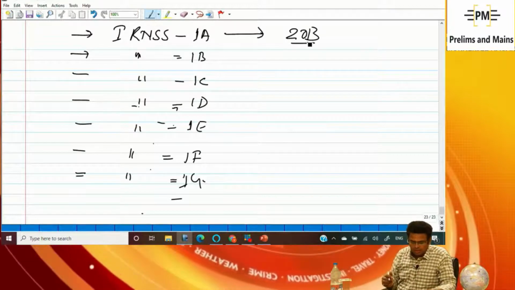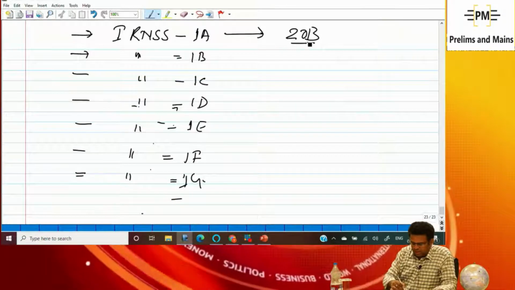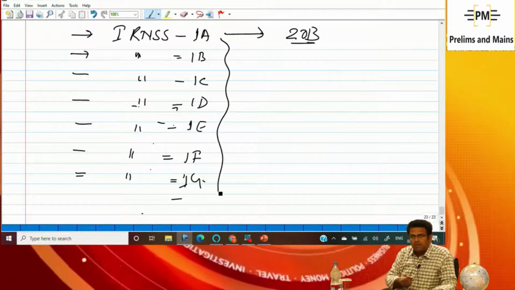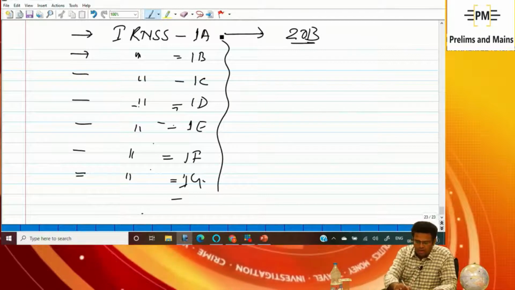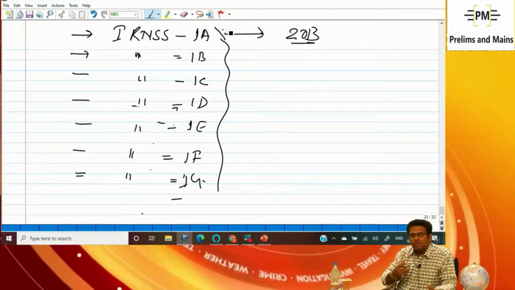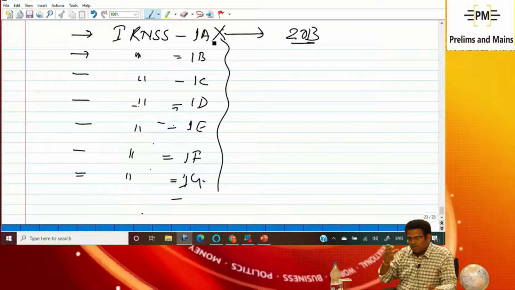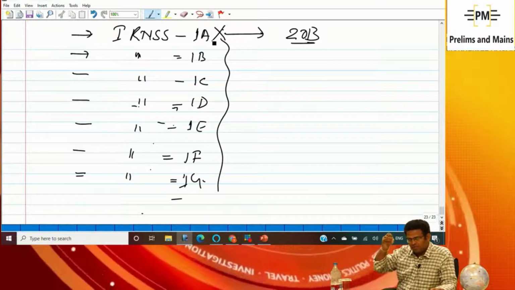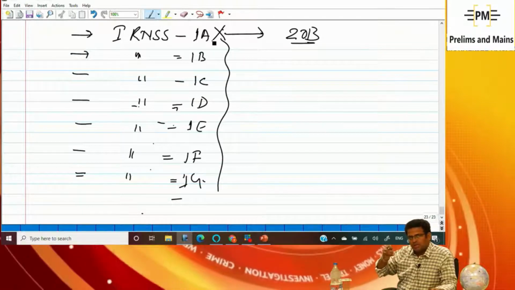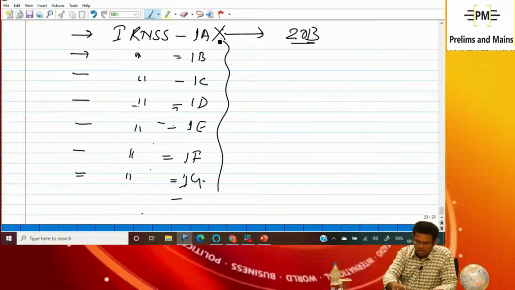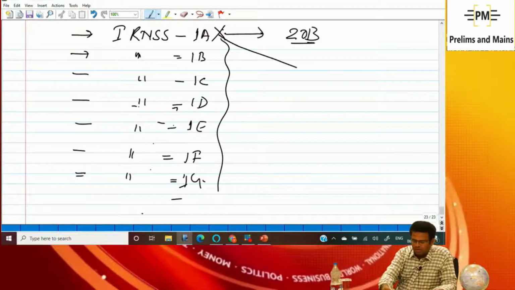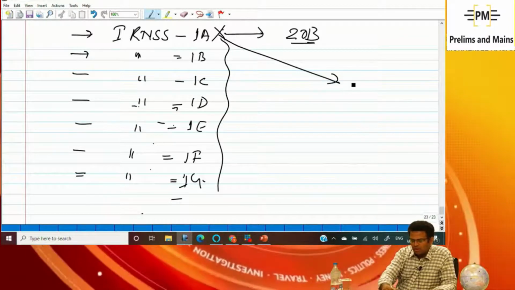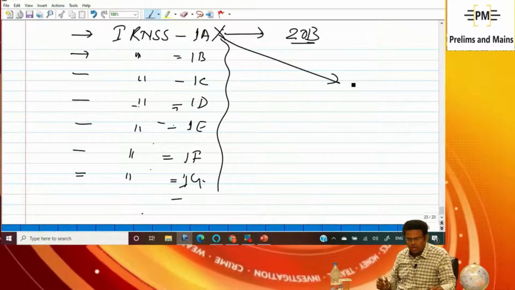When 1G was launched, the 7 were completed, but in between, on 1A, every satellite has a time clock, an atomic clock, which fixes the exact time. The atomic clock of IRNSS 1A stopped working. So what happened?